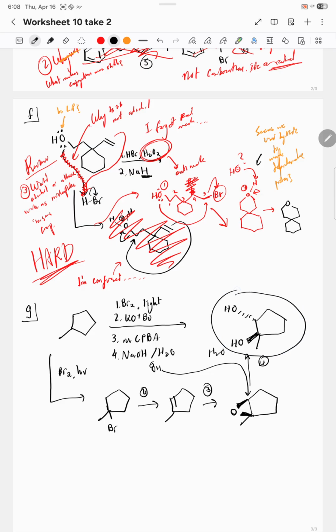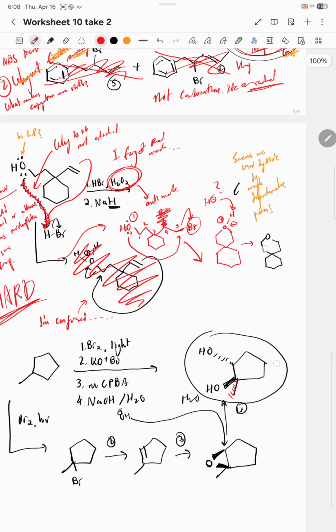Let's check the answer, G. Okay, the answer says that's very close. This would have to point down with the other hydroxide.